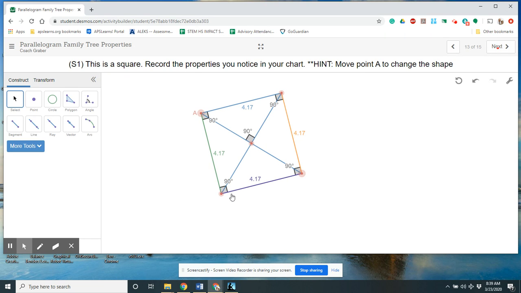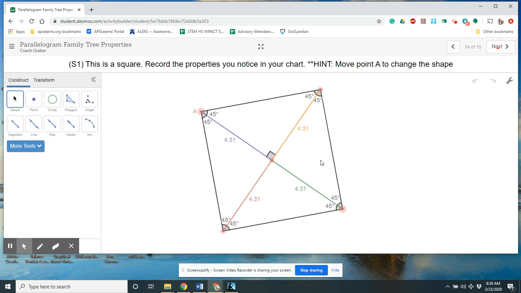These angles are all 90. Everything's the same pretty much. Here, the diagonals are the same length because this is a rectangle. These angles all match. In this case here, the diagonals are all 4.31, or the diagonal halves, that is. The whole diagonal is actually all the way from here to here, which would be 8.62.